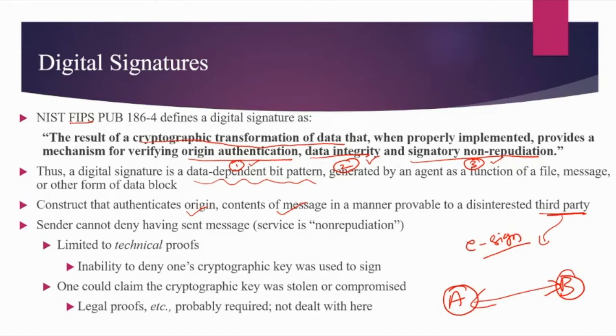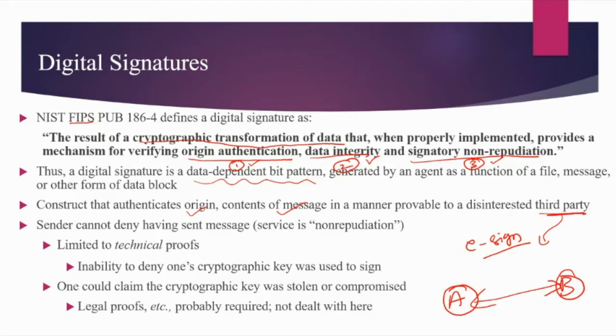This is a very important thing, that a third external entity can somehow resolve the issue if there is any, without having much information. So this is an important property of digital signatures.